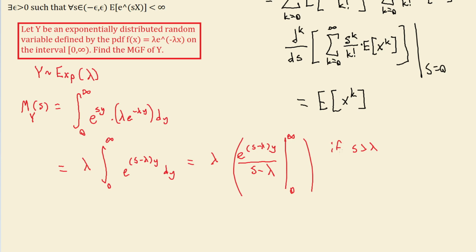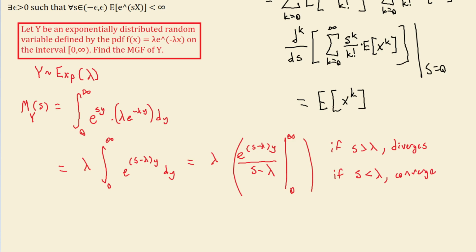But the key thing to realize here is that if s is greater than lambda, then this diverges. But if s is less than lambda, then what happens? Well, here in the numerator, we're going to get a negative exponent on e, and if you take the limit of a negative exponential, as the variable goes to infinity, that's just going to converge to 0. So this actually does converge.